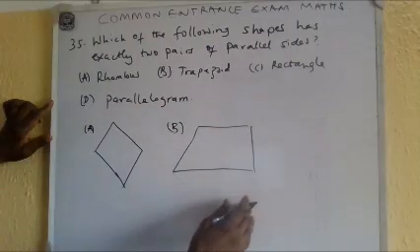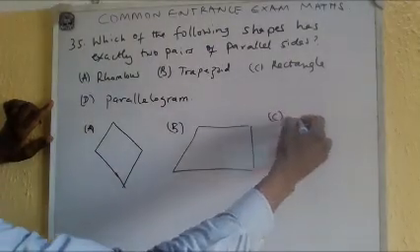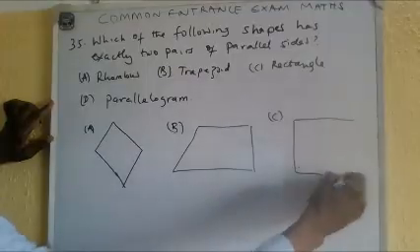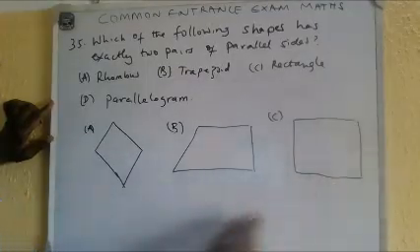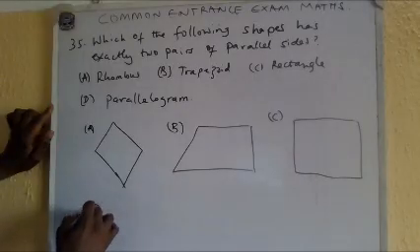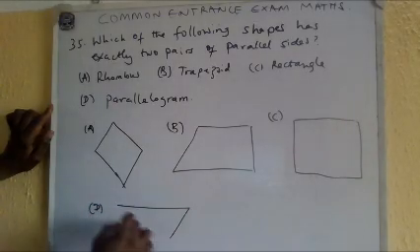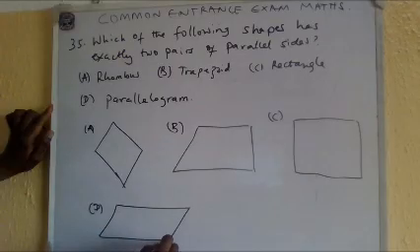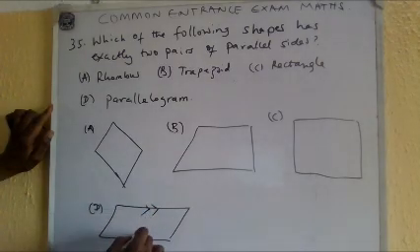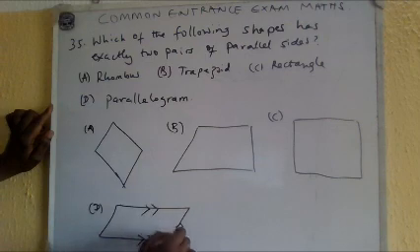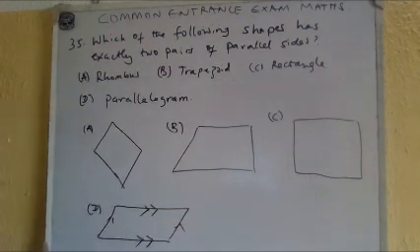C, rectangle, looks like this. And D, parallelogram, looks like this. So from these shapes, when they say parallel, you understand?